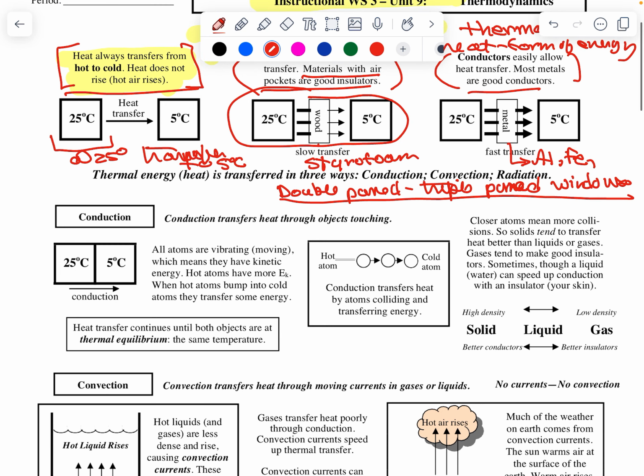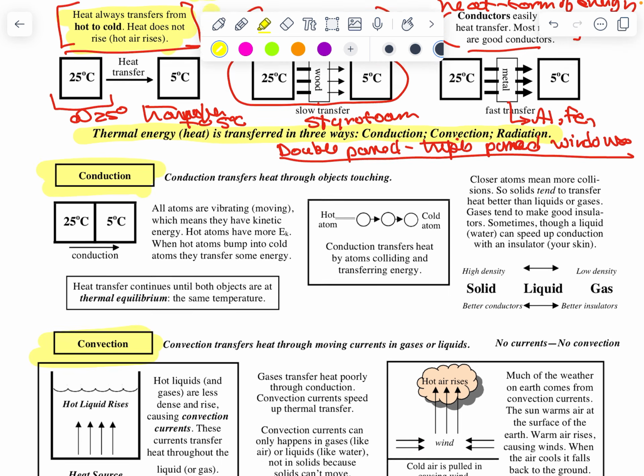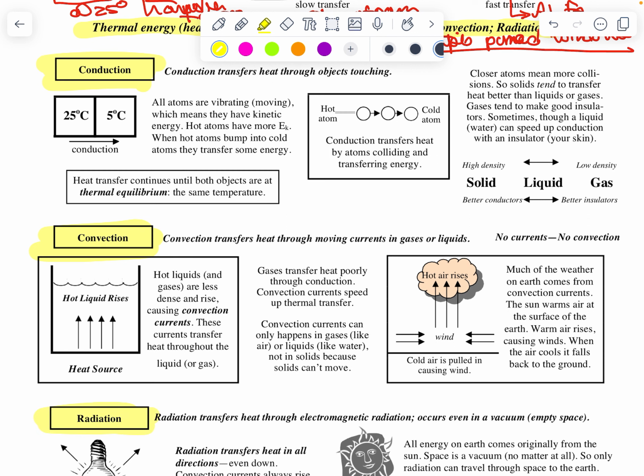Okay, so let's talk about this. Thermal energy, heat, can be transferred by conduction, convection, and radiation. These are the three ways heat can be transferred. Conduction transfers heat when objects are in contact with each other.